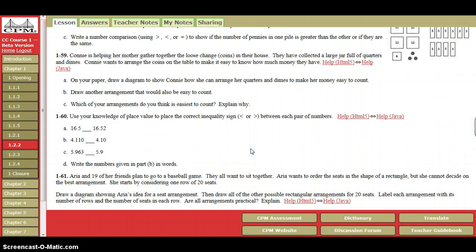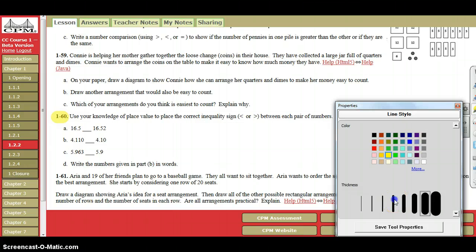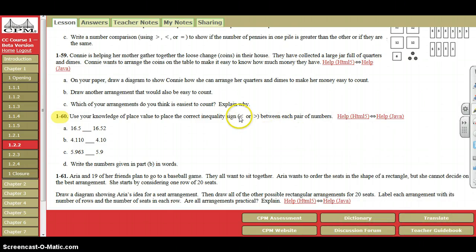160 is asking us to use your knowledge of place value. Okay? We've been working a lot with place value. Use your knowledge of place value to place the correct inequality sign, which would be greater than or less than, between each pair of numbers.